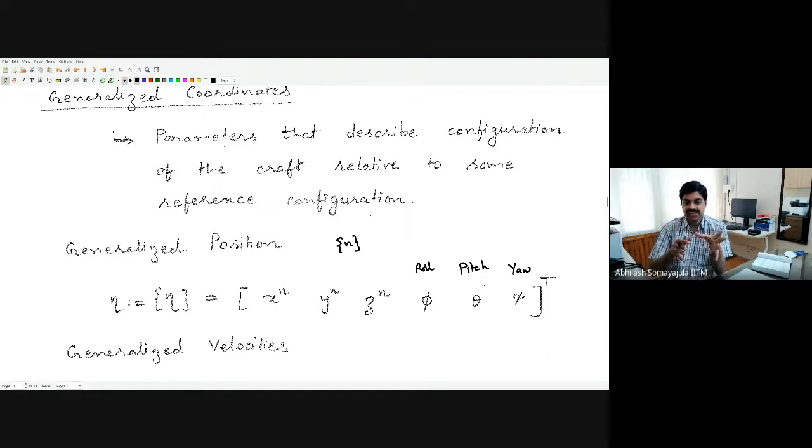So not only is the craft translated by some distance xn, yn, and zn, but its orientation is also twisted by roll, pitch, and yaw. And here it is important to understand that finite rotations are not commutative in nature.